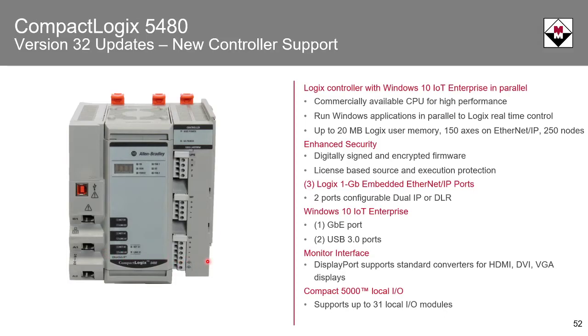On the Windows 10 side, you get 1 gigabit Ethernet port and 2 USB ports, and then there is a display port that supports standard converters for HDMI, DVI, and VGA displays. And then based on the part number, it will support up to 31 local I/O modules. That's the Compact 5000 I/O family. Part numbers start with 5069.